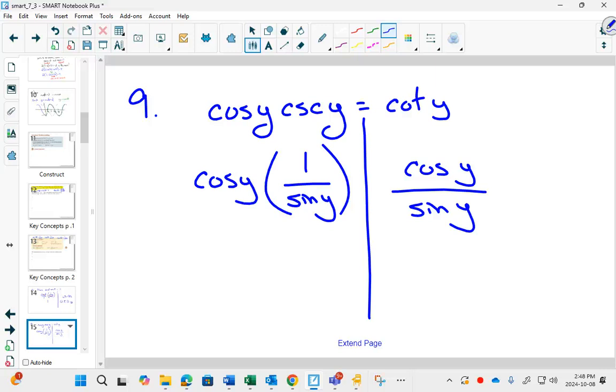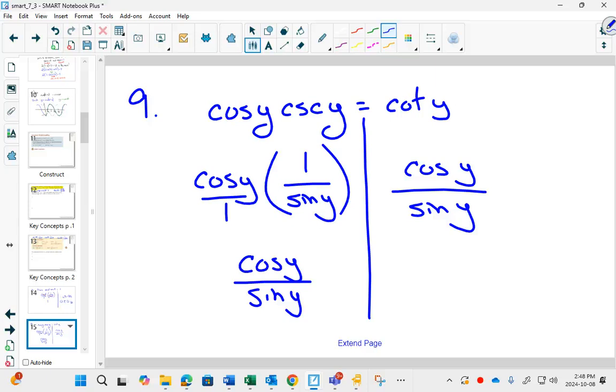Then, if you can do your fraction rules to get a single fraction on both sides, this would be over 1. How do I multiply fractions? Multiply the tops, multiply the bottoms, and they're the same.